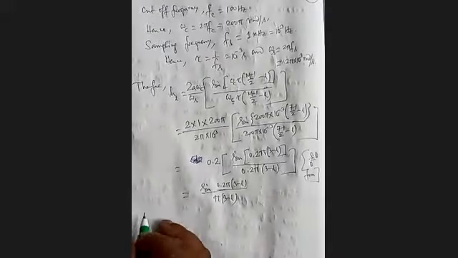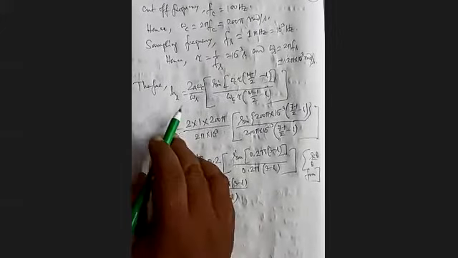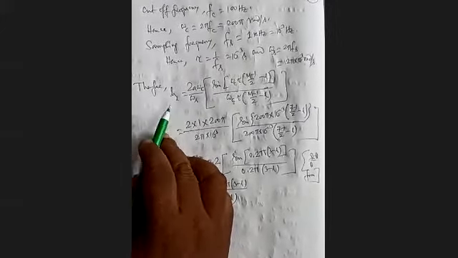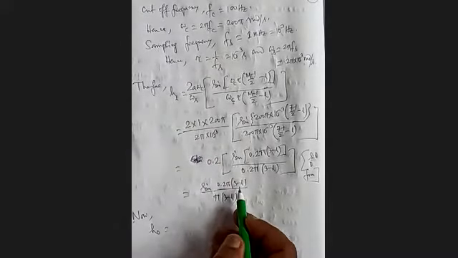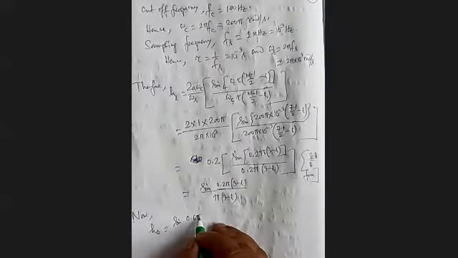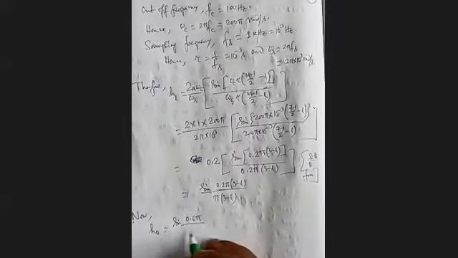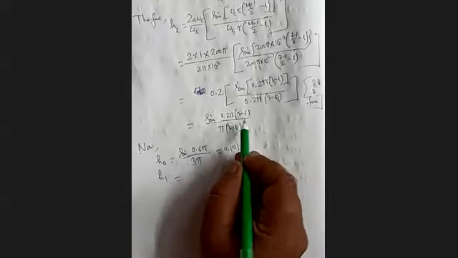So what is our H0? You put L equal to 0. So if you put it, you will get sine 0.6 pi by 3 pi, which is equal to 0.101. Then H1, put L equal to 1.